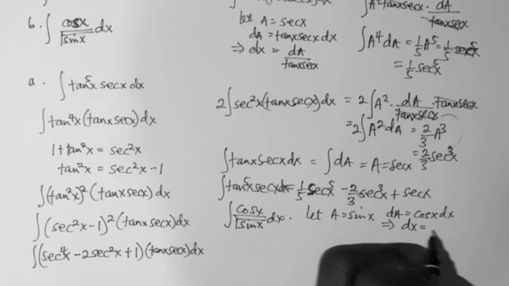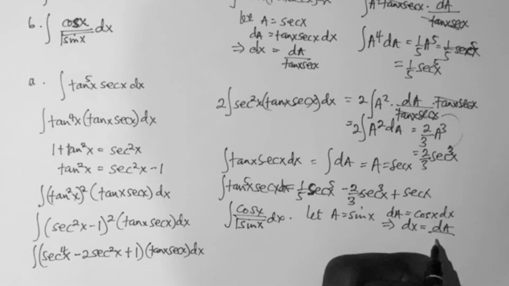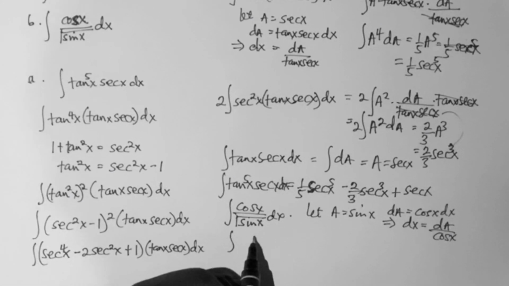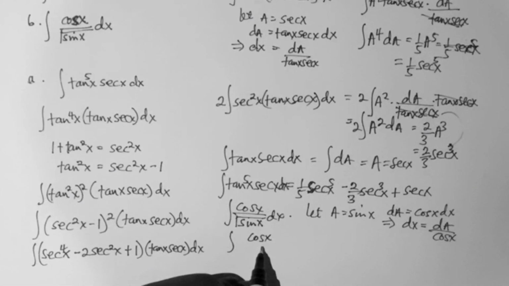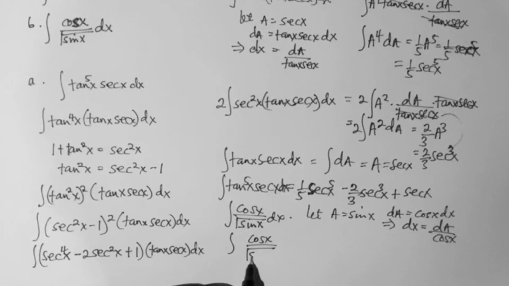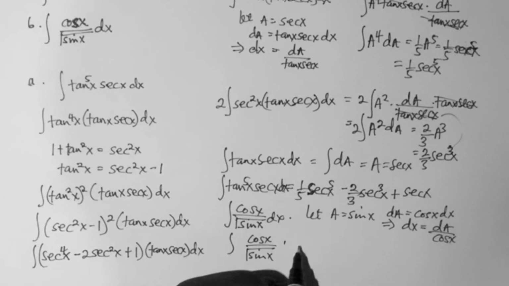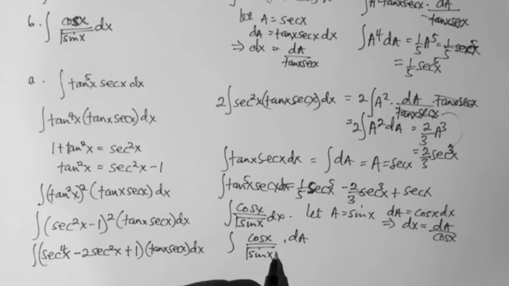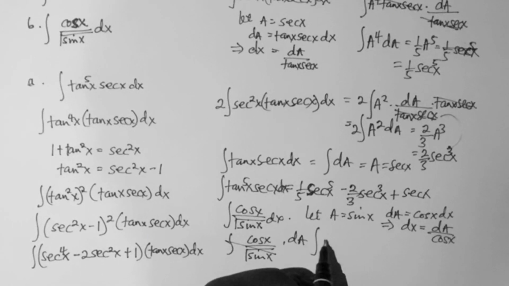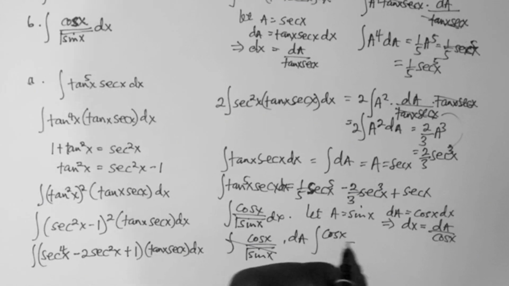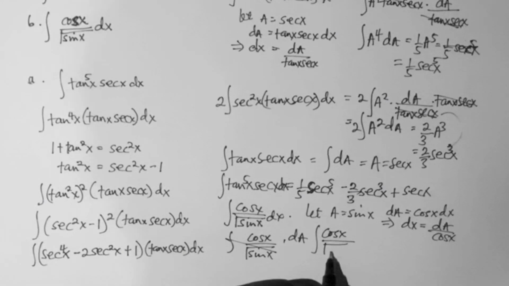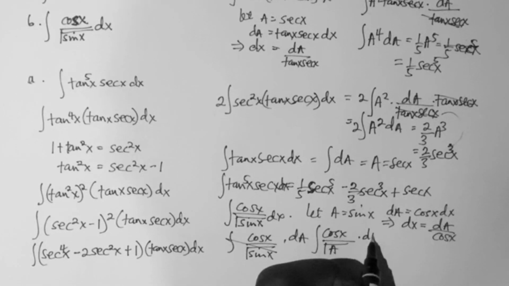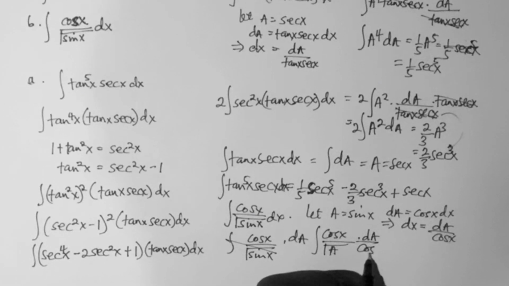dx is equal to dA over cos x, and therefore the integral becomes the integral of cos x divided by square root of sine x, which is now square root of a, times dx, and dx is dA over cos x.